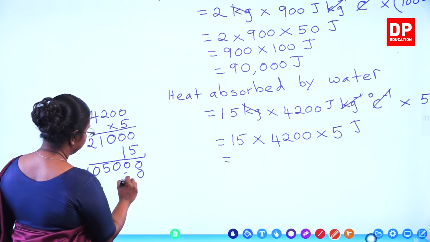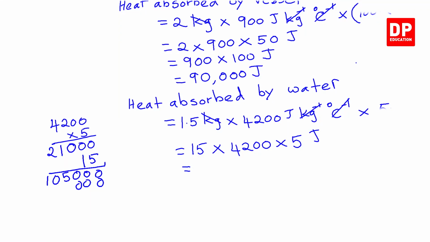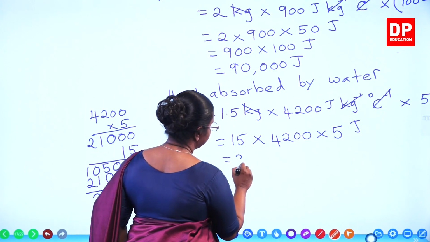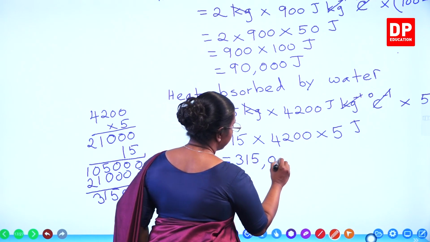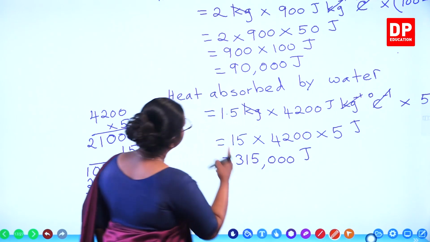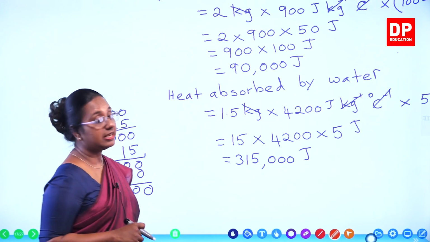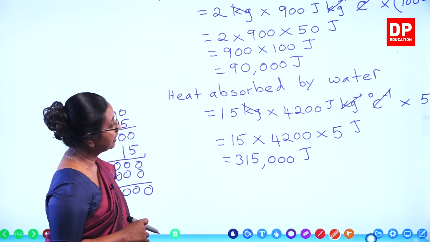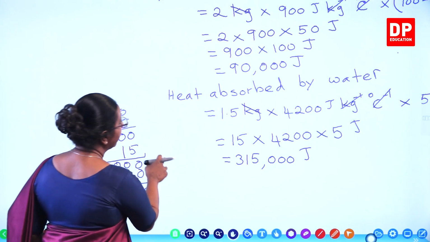Then when you multiply by 1, you have 1 and 2. So, if we add them together, we get 315,000. So, here the value is 315,000 joules. Then initially we had 90,000 joules. Now it is 315,000 joules, heat absorbed by water. We need to add them together.